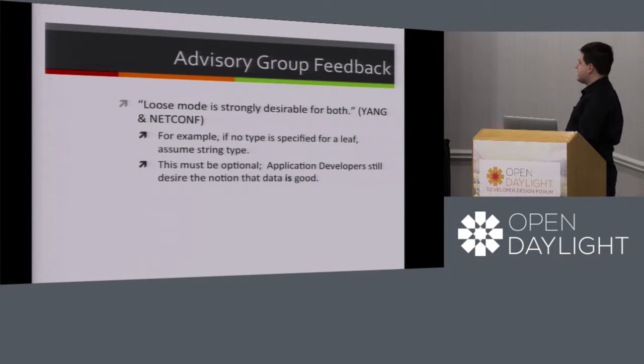But there are certain cases where maybe my device doesn't have a type for a leaf, for example, and I still want to use the model. Maybe I can just assume the string type just so that it'll load. And the point at the bottom is this has to be optional. This has to be a strategy pattern because there's certainly a lot to be said that it's made it through the Yang parser checking.